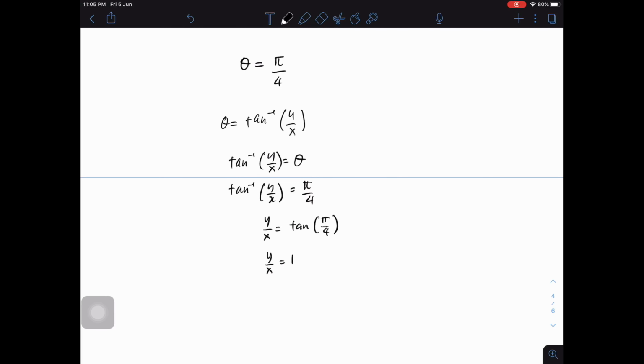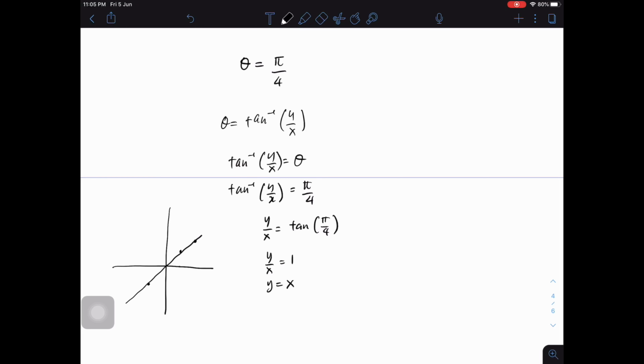Therefore, you have the rectangular equation y equal to x. Y equal to x, as you know, is a straight line. If we plot the graph here, when x equal to 1, y equal to 1, you will have a point here. When x equal to 2, y equal to 2, you have a point here. When x equal to negative 1, you have y equal to negative 1 here. So you will have a straight line.